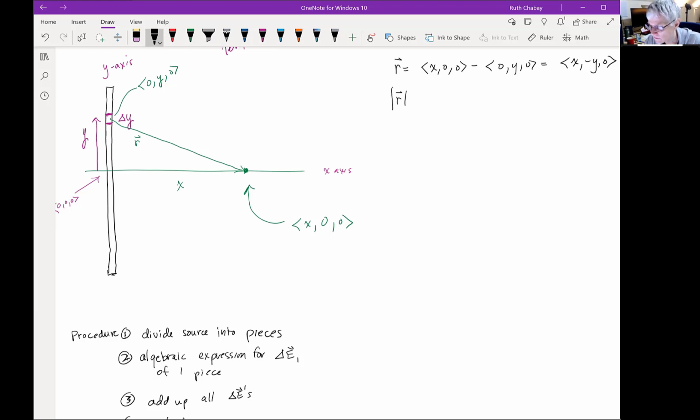So the magnitude of r is going to be the square root of x squared plus y squared, negative y squared. And r hat is going to be r over the magnitude of r, so x, negative y0 divided by x squared plus y squared to the 1/2.